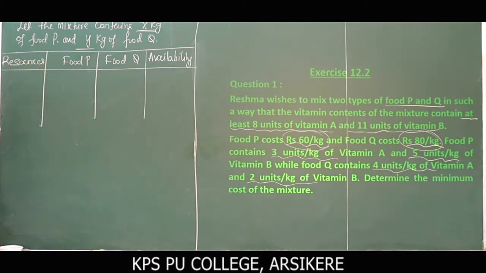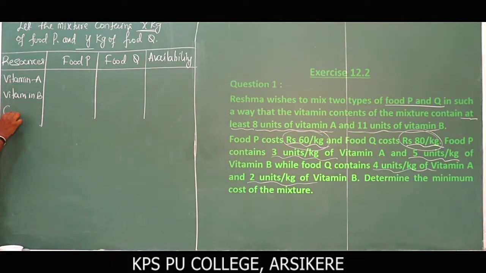Now, what are the resources? We have the resources here: vitamin A and vitamin B are the resources. Then another column, I will take the cost.